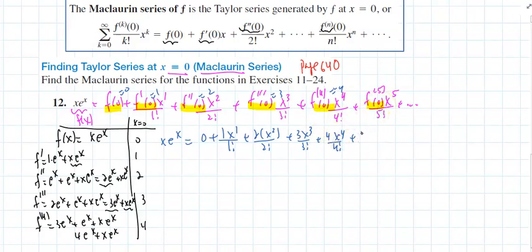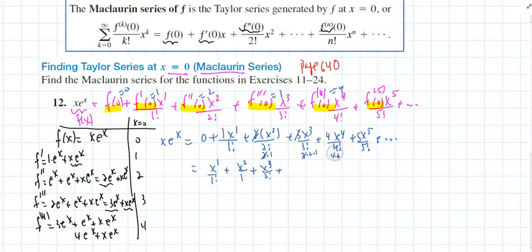Can you guess what this will be? Wouldn't that be 5x to the 5th over 5 factorial, and the list goes on? If I simplify, that's x to the 1 over 1 factorial. Wouldn't that be x squared over 1? Wouldn't that be x cubed over 2 factorial?